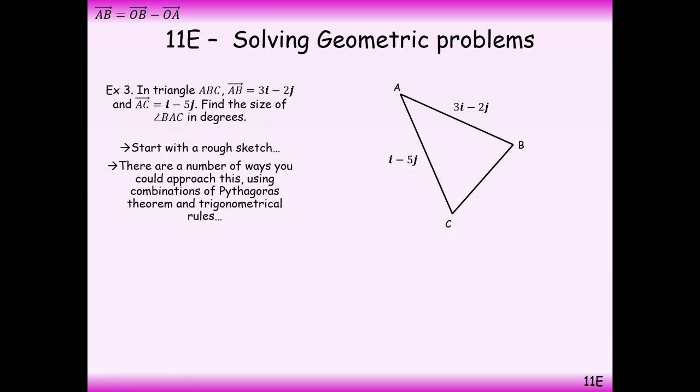Notice if they've written it like so, with the hat on top of A, that means they want to know this angle at A, the middle letter. That's what they're pointing to. So we want to know what that angle is, theta.